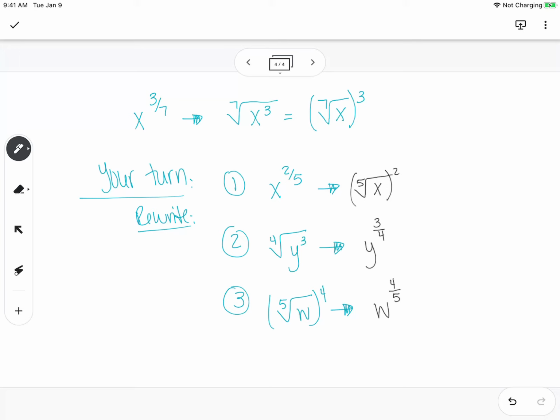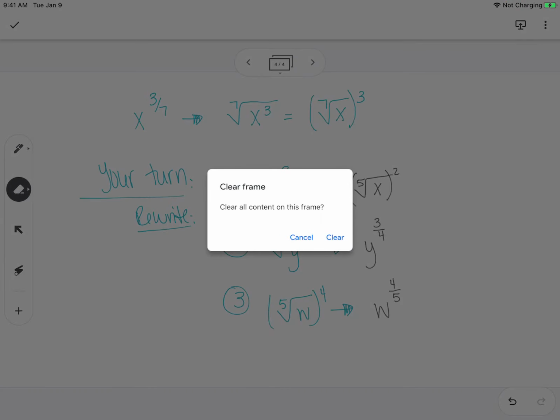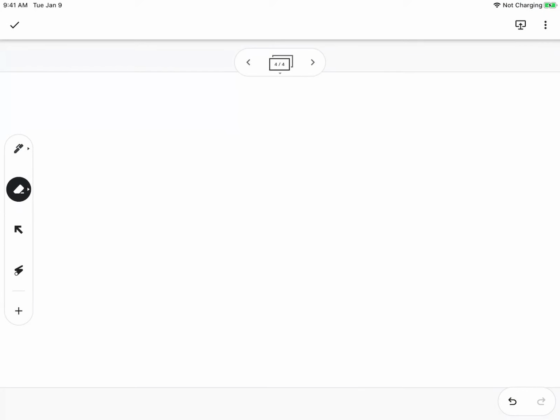So that is all you have to do or know about rational exponents. And then, of course, you must remember your rules with exponents that you learned last year. What do you mean, Miss Messer? Well, what I mean is if you have x cubed times x to the 4th, the rule is you add your exponents.